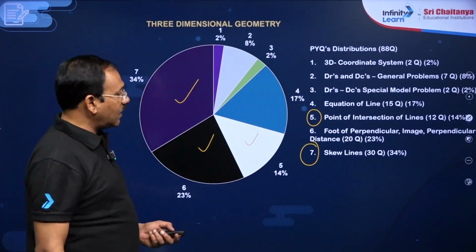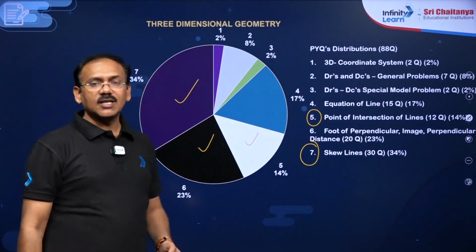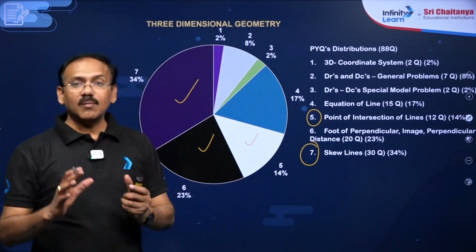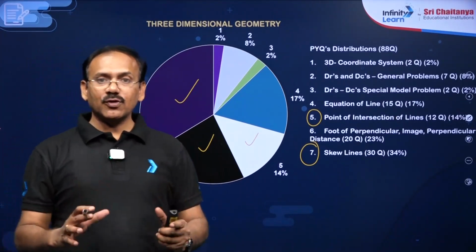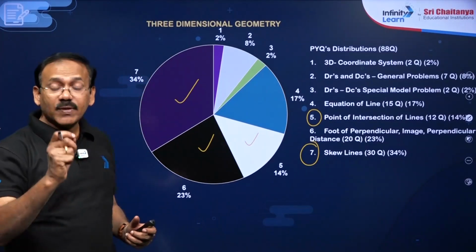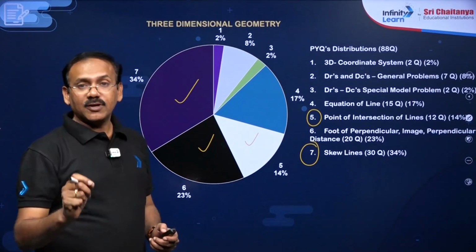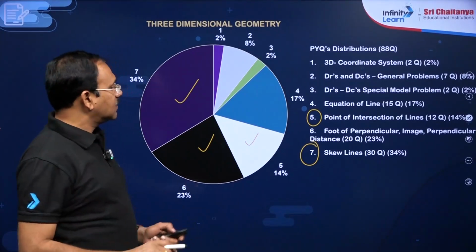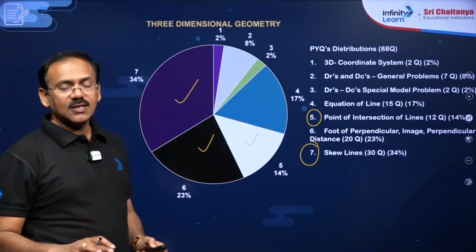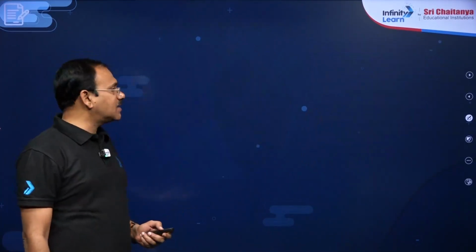You can say almost 70% is covered with these 3 topics. So in 3D geometry, the most important areas you need to focus on are line equation, skew lines, distance from a point to a line, foot of the perpendicular and image, as well as point of intersection of 2 lines. These areas are very important with respect to this analysis dear students.